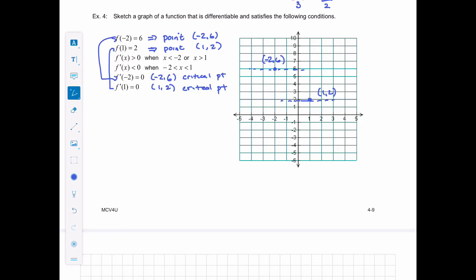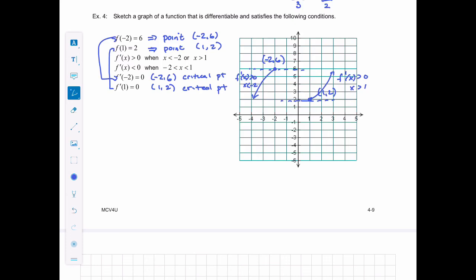Now, the second part is saying that f prime of x is greater than 0 when x is less than -2. So that means our function is increasing in that portion. And then it says also increasing from this part over here, so f prime of x is greater than 0 when x is greater than 1.